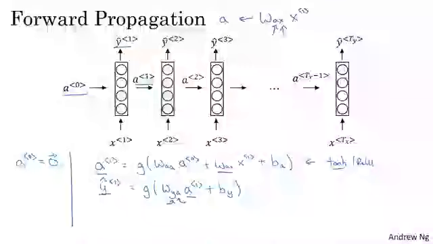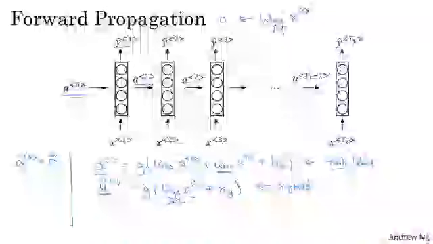And depending on what your output y is, if it is a binary classification problem, then I guess you would use a sigmoid activation function, or it could be a softmax if you have a k-way classification problem. But the choice of activation function here would depend on what type of output y you have.